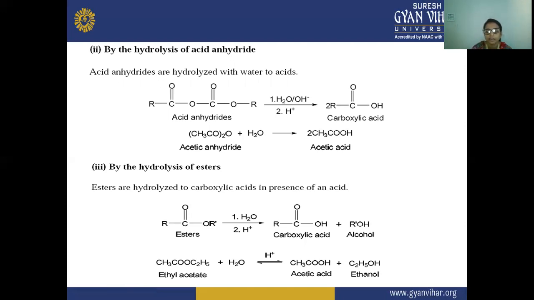This is the ester group, and the acid hydrolysis gives a carboxylic acid plus an alcohol. Here, ethyl acetate plus a water molecule and acid gives acetic acid and ethanol.